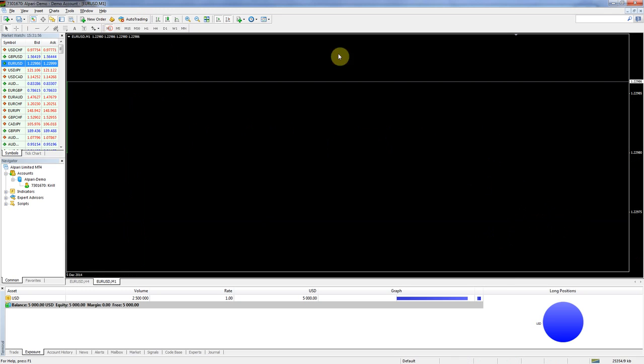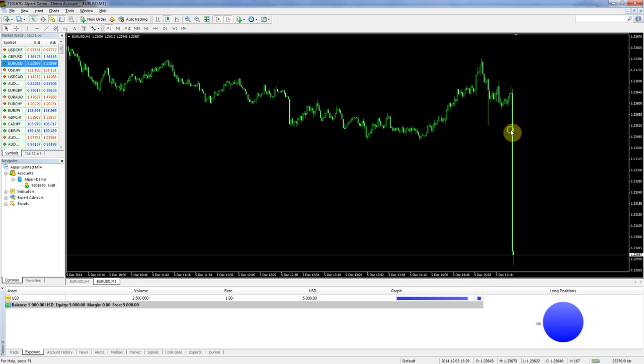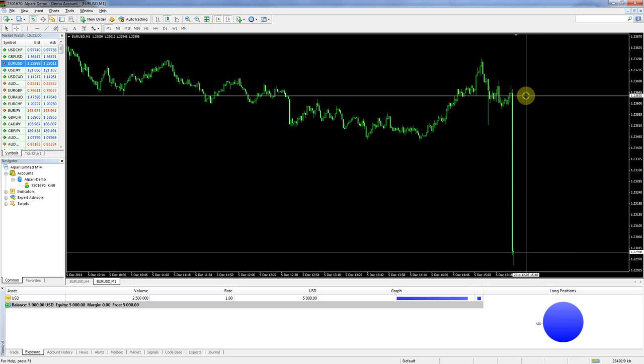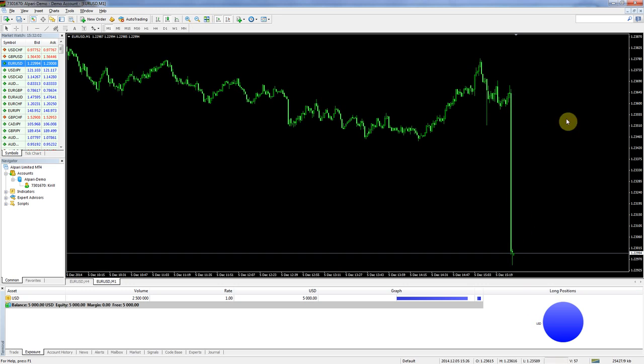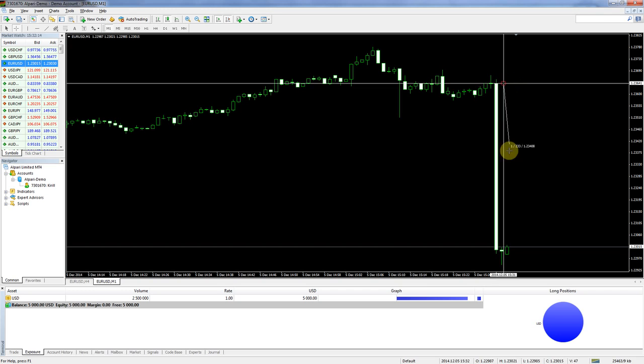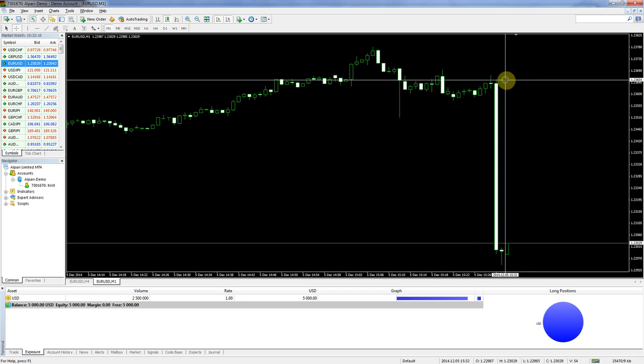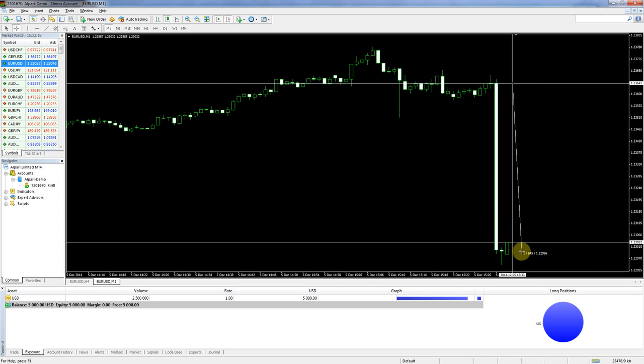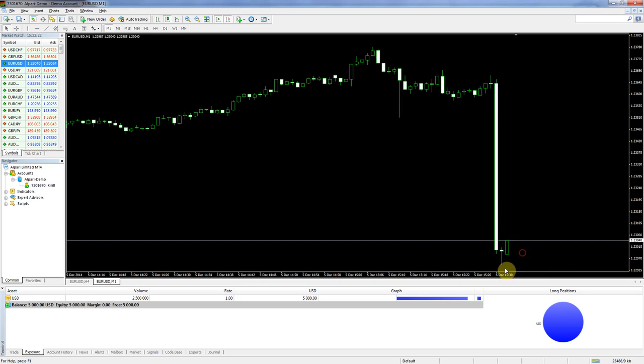So let's just switch to the M1 chart quickly. You can see this all happened in the space of 1 minute. And this is why trading the news can be profitable, but can be very volatile as well. We didn't conduct any trades because I find it very risky, but some people profit from movements like this. As you saw, the price went down 65 pips in 1 minute, and then kept going, and now it's going back up.